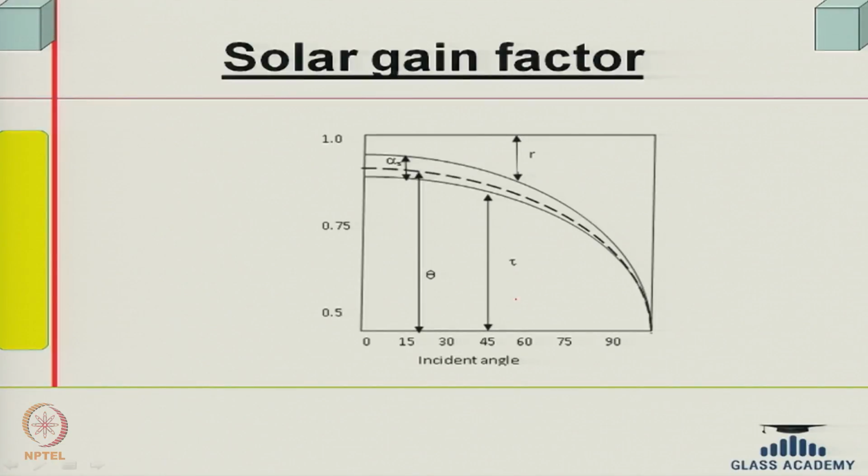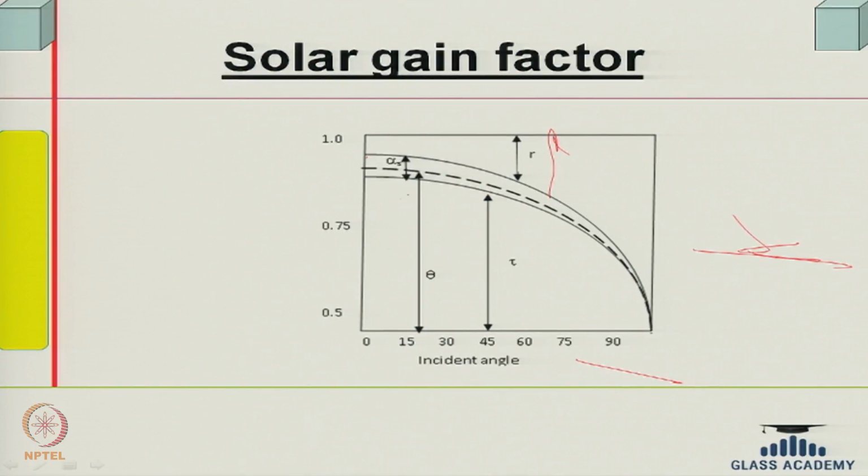Okay. So, solar gain factor varies with the angle of incidence, because part of it is reflected. When the angle of incidence is 0, that is the angle between the normal to the glass and the radiation, the radiation is falling almost normally, and transmission is high. But when it is nearly 90 degrees, it is just grazing the glass surface, just passing through, and there is hardly any absorption or transmission.